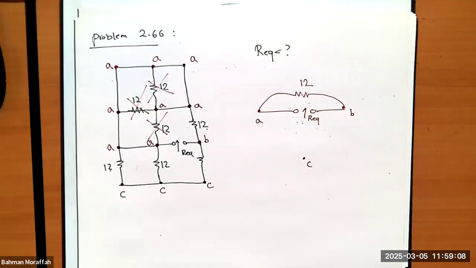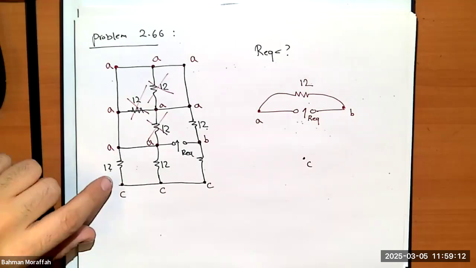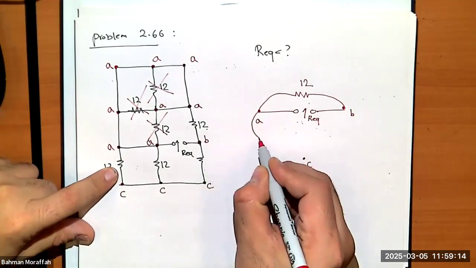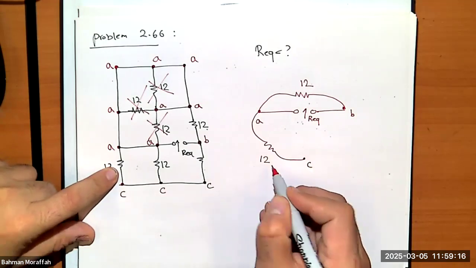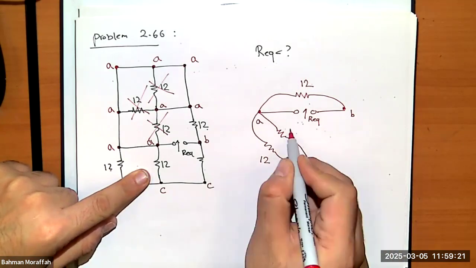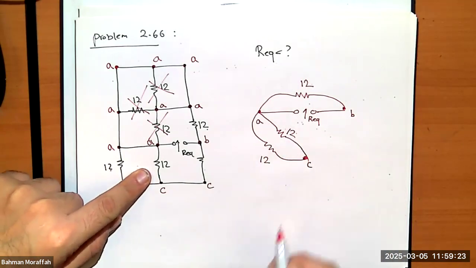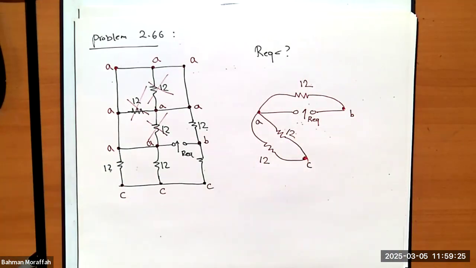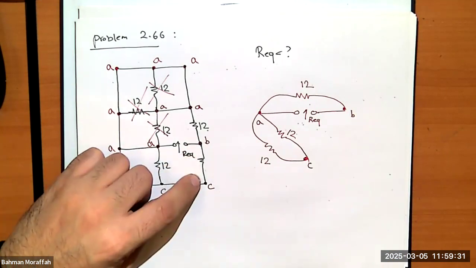Nothing. What goes between A and C? Well, I have this 12. I have this 12. Do I have anything else? We're done. What goes between B and C? That's only this resistor.